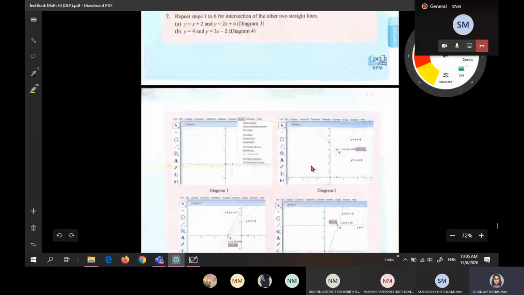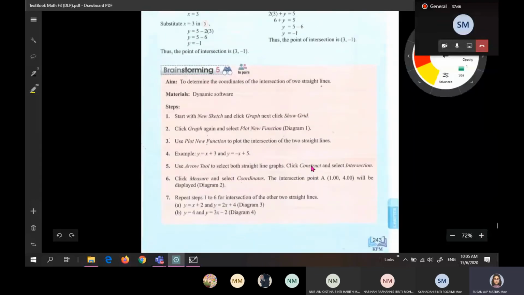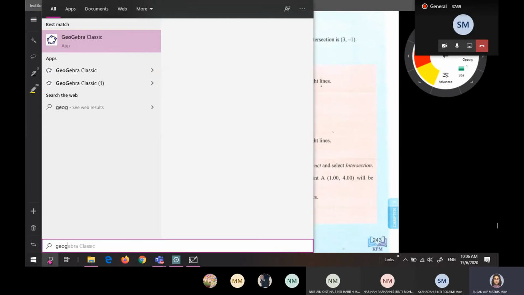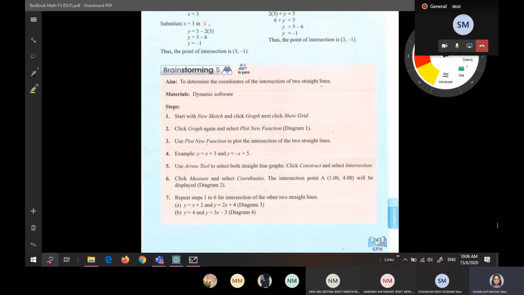So the next thing we will have is a brainstorming. If you look at this brainstorming, they are talking about 2 graphs. So I will use an app to show you the 2 graphs.